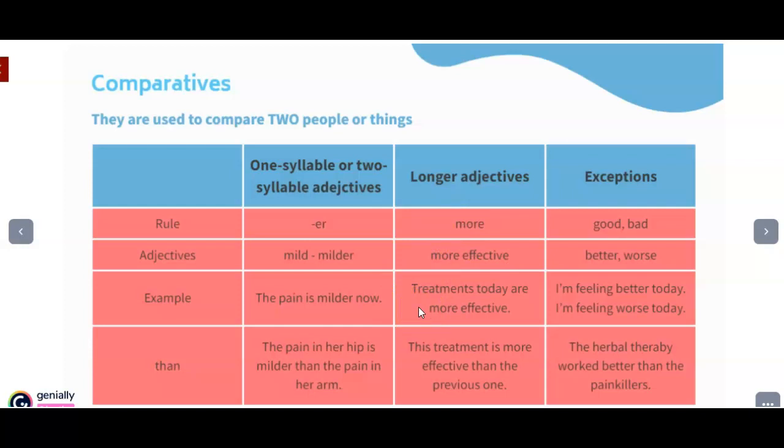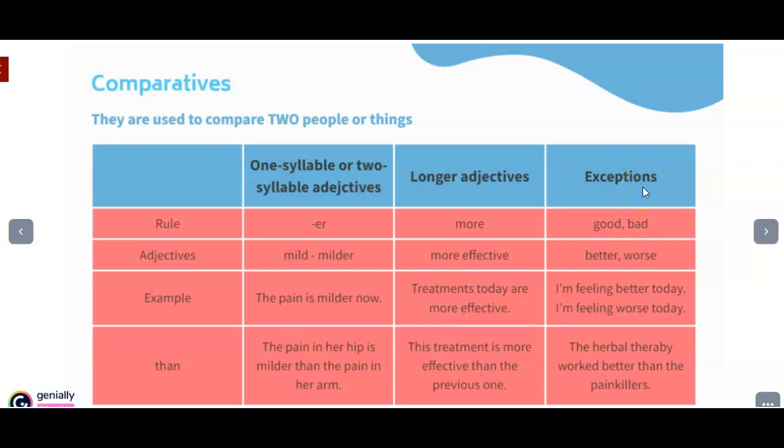So we can infer that we are comparing treatments today with treatments in the past. But it is not necessary to mention it. But if we want to use than to mention the difference, we're going to say something like, this treatment is more effective than the previous one. Now we have a point of comparison. Observe, more effective than.